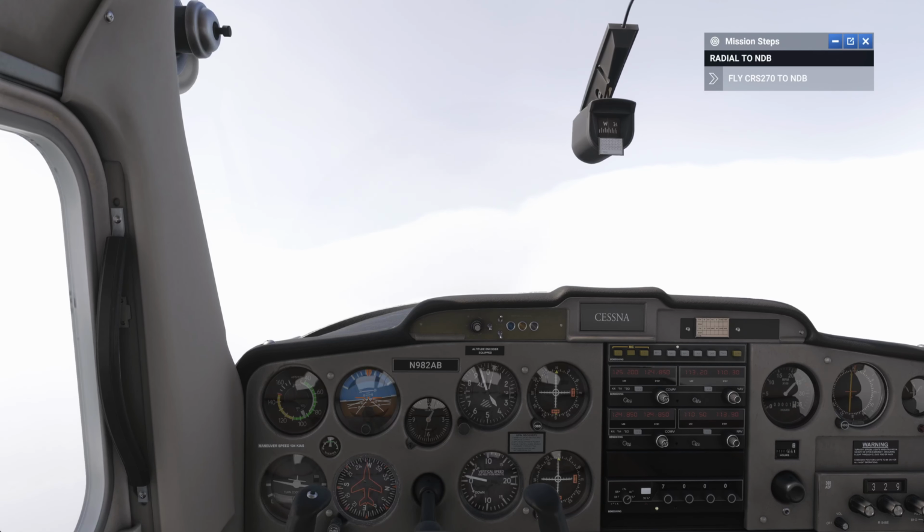As the NDB needle has started to drift, turn towards and beyond the direction it is pointing to push the head back towards our desired course 270.